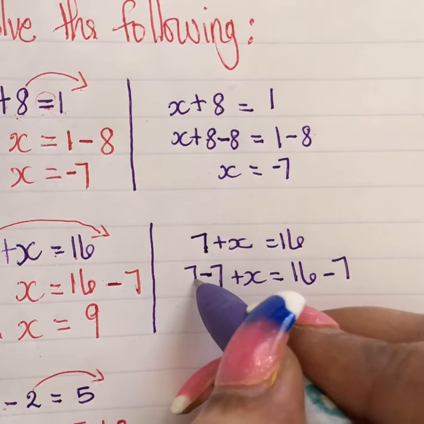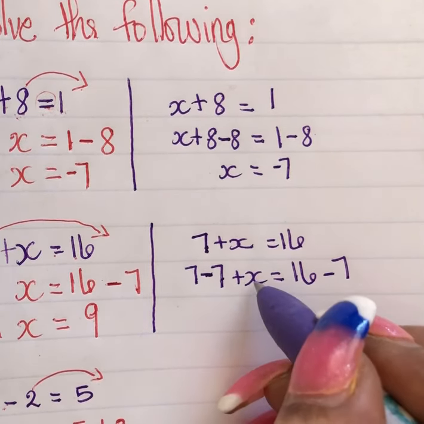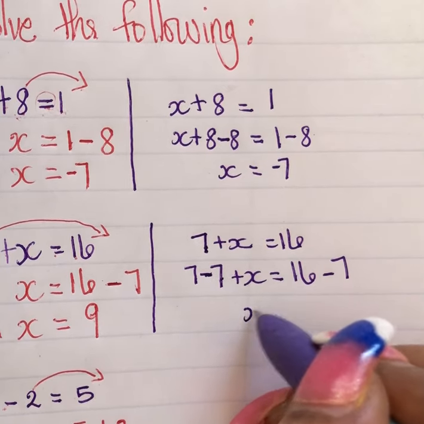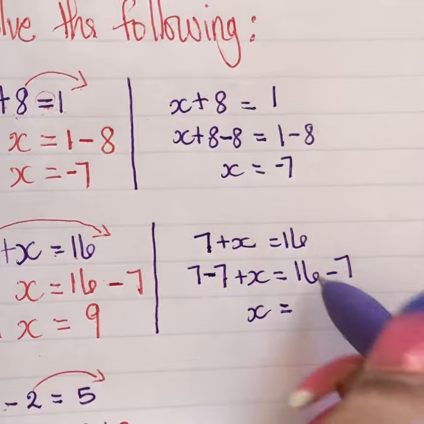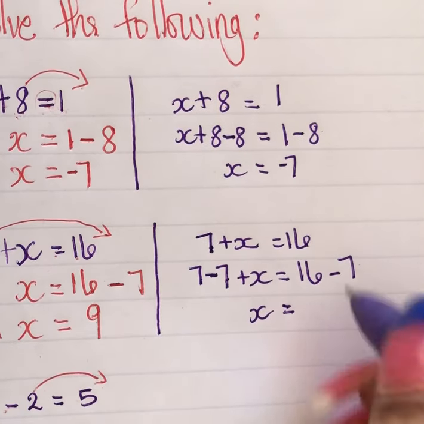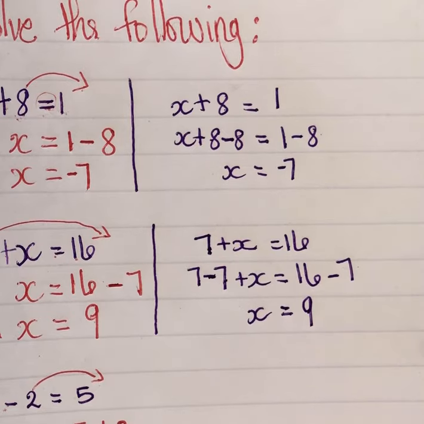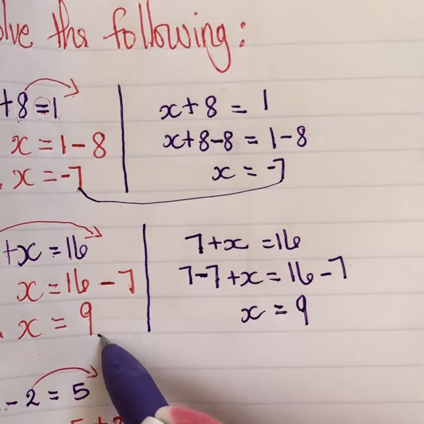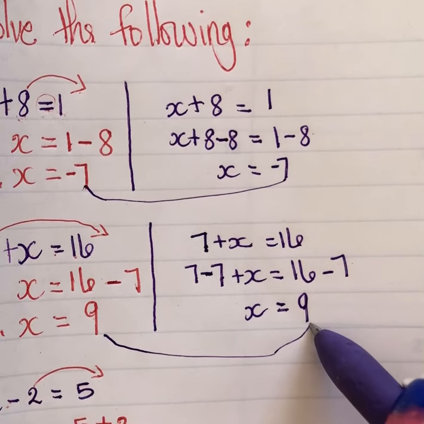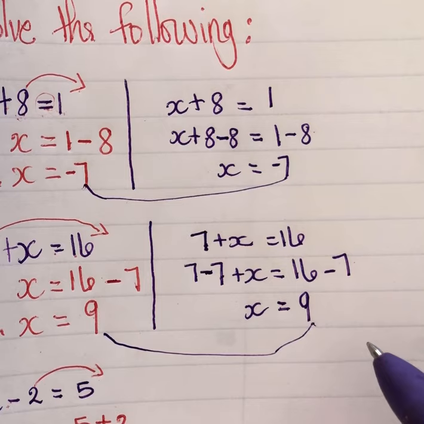Good? So 7 minus 7 leaves me with 0, and the only thing left is x. And then 16 minus 7 leaves me with 9. Notice our answers must be the same regardless of the method we use. Okay? Thank you.